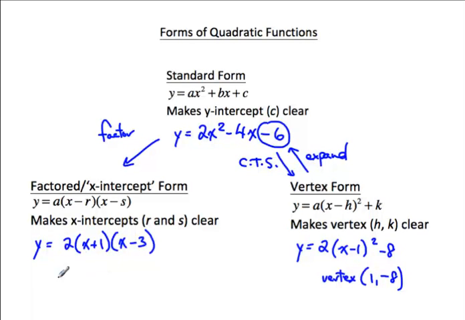And this tells us that our x-intercepts are going to be the points (-1, 0) and the point (3, 0). Because subbing in 0 for y and solving the quadratic equation would give us x's of -1 and positive 3. Again, to get from standard form to factored form, or x-intercept form, you factor. To go the other way, you expand. And there's not a direct way of going between factored form and vertex form. You have to go through standard form first.